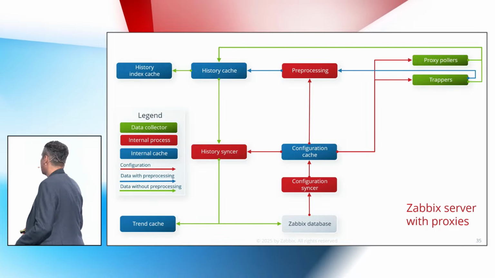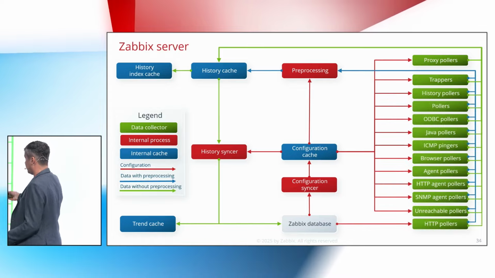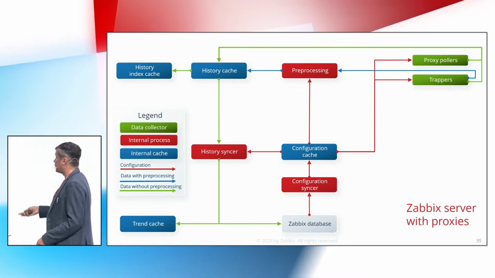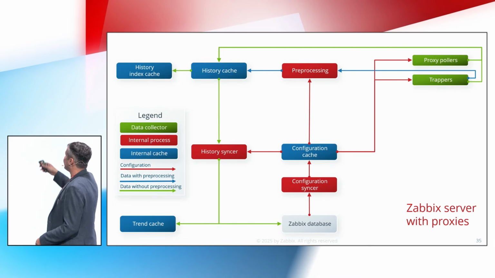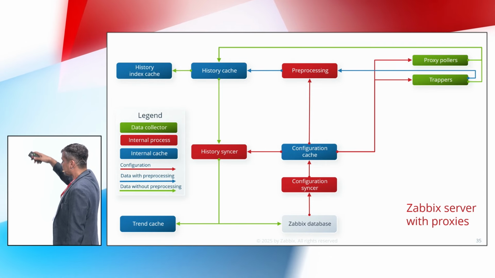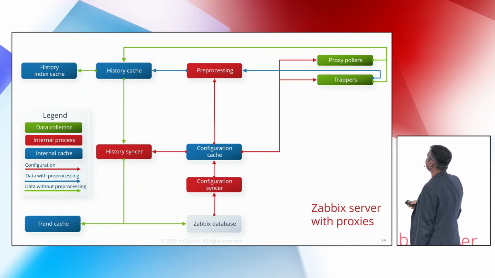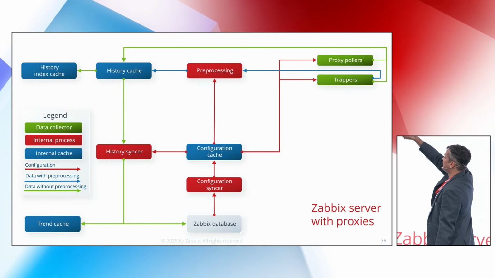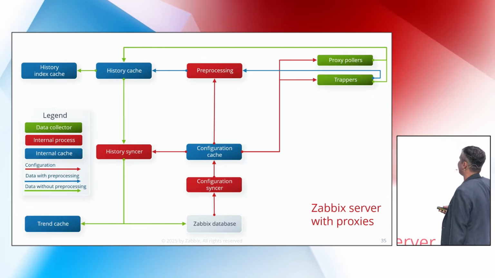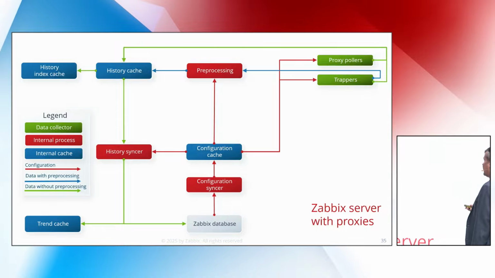If you are collecting data with proxies, of course you tune all this on your proxies. But for Zabbix server, you don't care about it. The data are already preprocessed. Basically, on this diagram I can completely take out the preprocessing. There is still one blue line, but it's only for active agent items. Normally this preprocessing should not be involved at all.